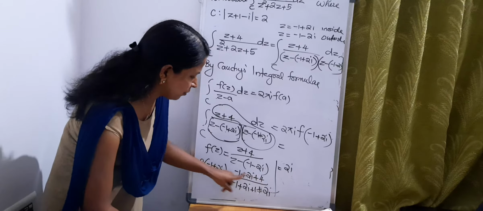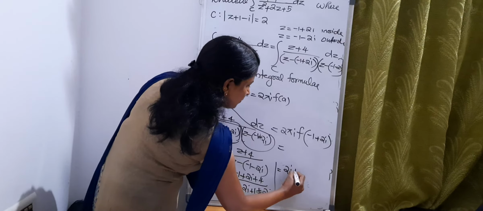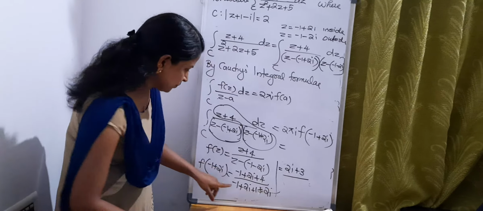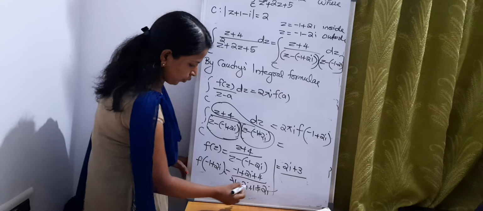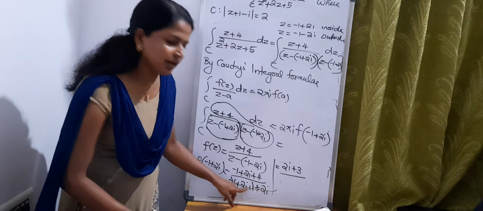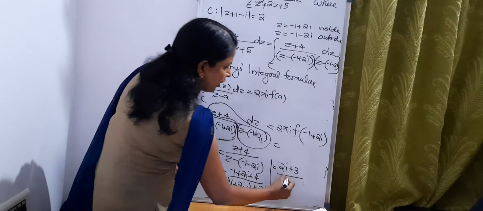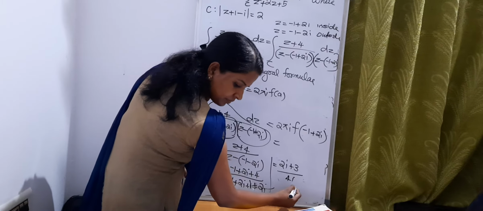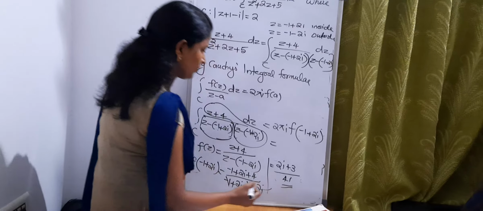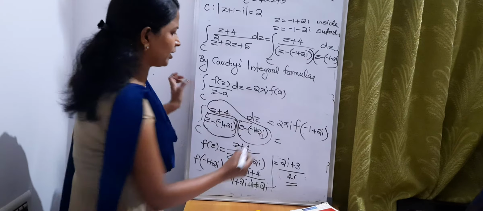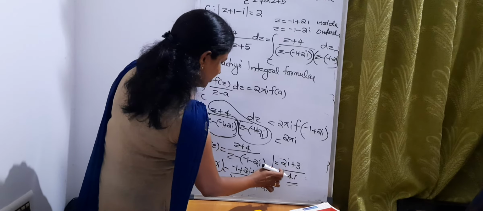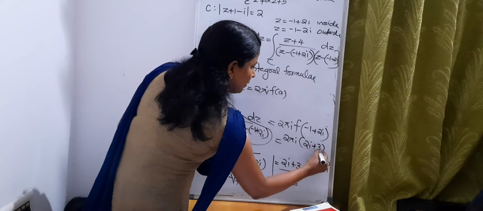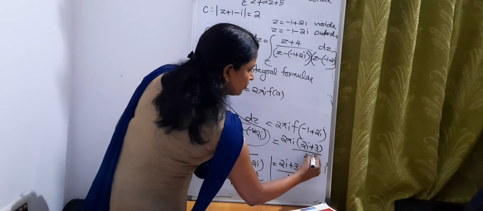Here plus 4, minus 1 plus 3, by minus 1 plus 1 is 0. 2i plus 2i is 4i. So we substitute here 2 pi i into f of minus 1 plus 2i, which is 2i plus 3 by 4i.